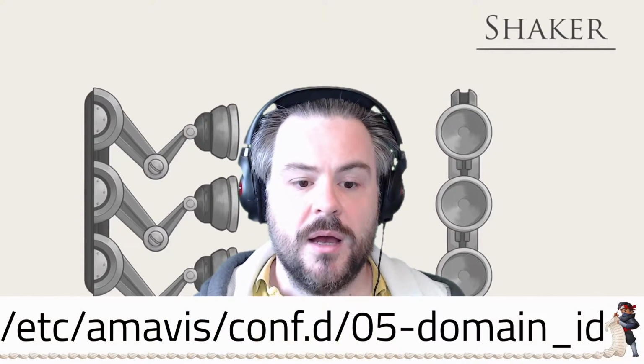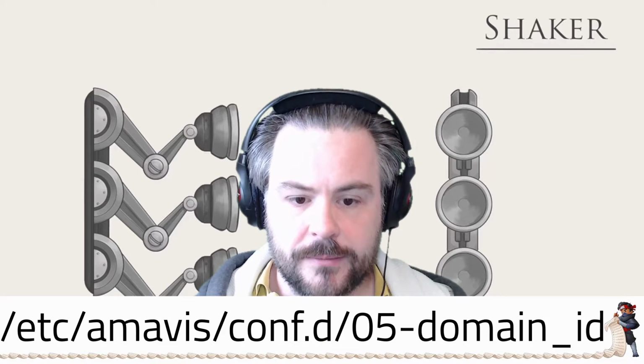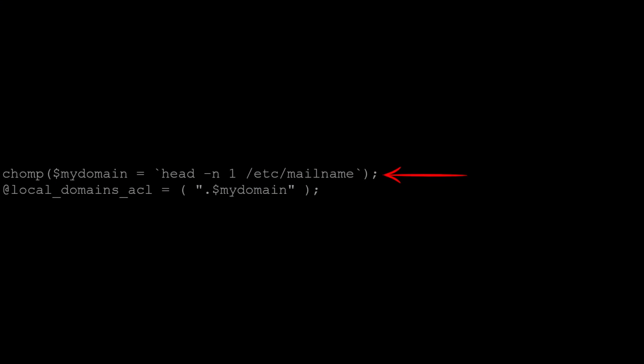However, we also need to tell Amavis what domains it should consider local, because email that is coming in is treated differently to mail going out, and that isn't going to be set correctly by default. So head over to 05 domain ID, and you'll see a similar thing that is trying to automatically set the name. Now this one isn't quite right. It's going to be looking in /etc/mailname, and by default that is going to be mail.example.com, but we want it to just be example.com, so we can change that.